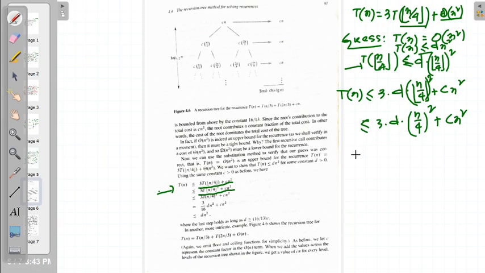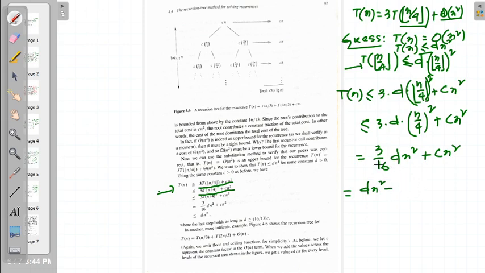So now what we can do is write 3/16 dn², that is n² by 16, plus this cn². Now I can write this as dn² minus something.